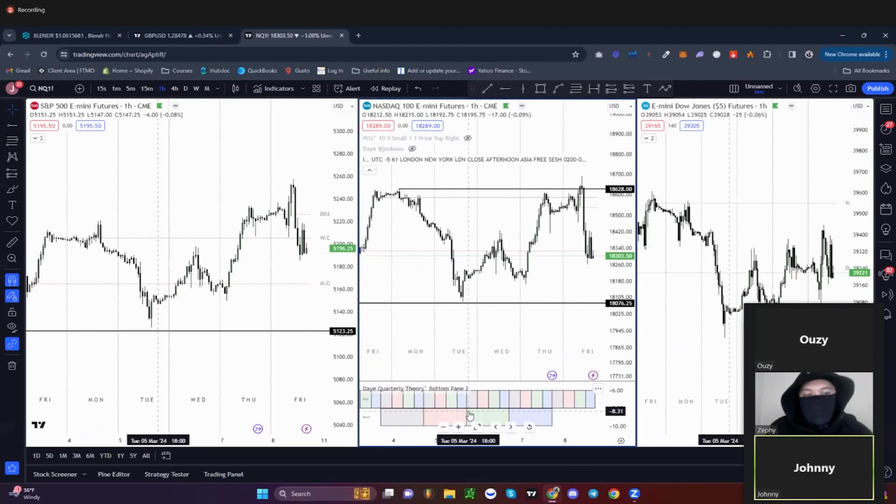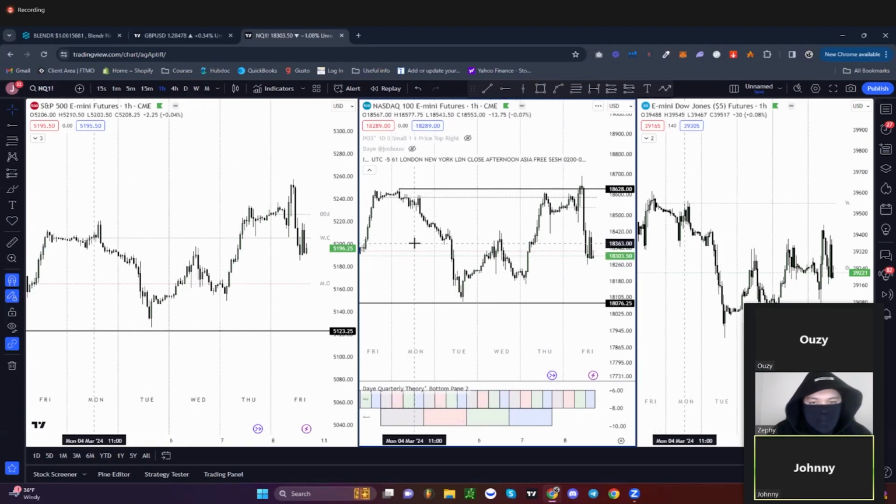The last 2 squares right here are going to be quarter 3 and quarter 4. So in this weekly profile from Monday through Thursday, because Friday has its own function, this looks like AMDX, right? Because Tuesday looked more like a manipulation move.